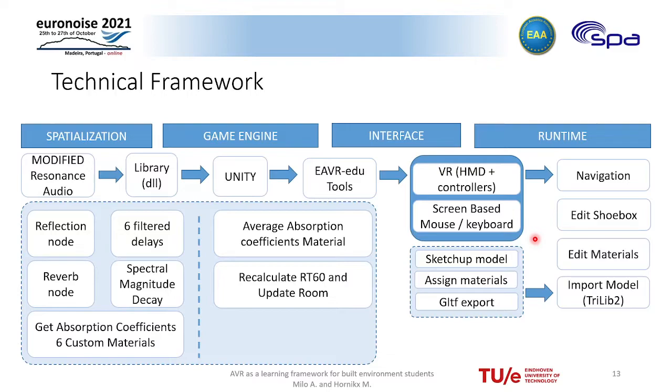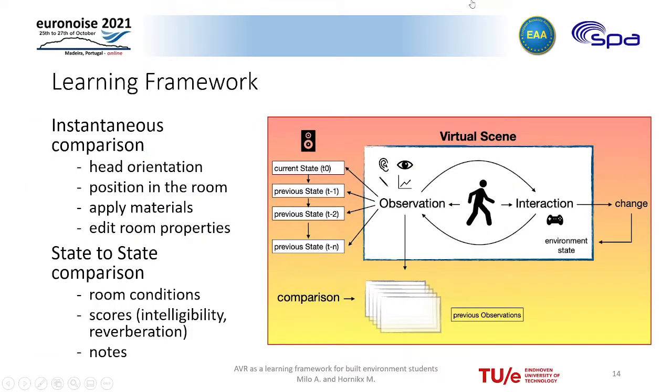The model is created in SketchUp. The user has to assign materials which have the same name as those in the application, and then export it as a GLTF. In terms of learning, we have 2 different comparison actions happening through what is allowed by the application.